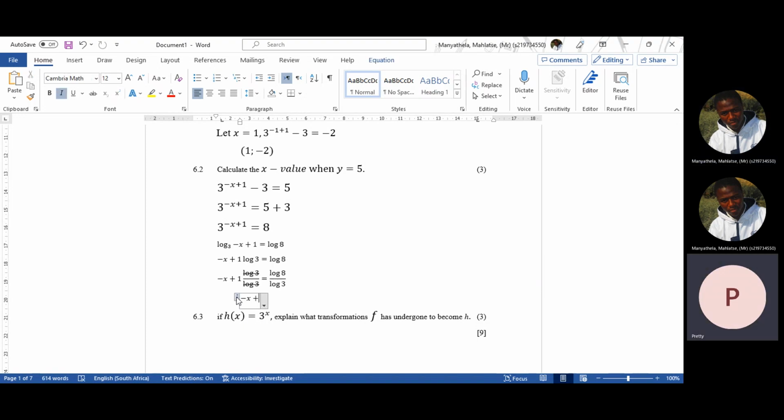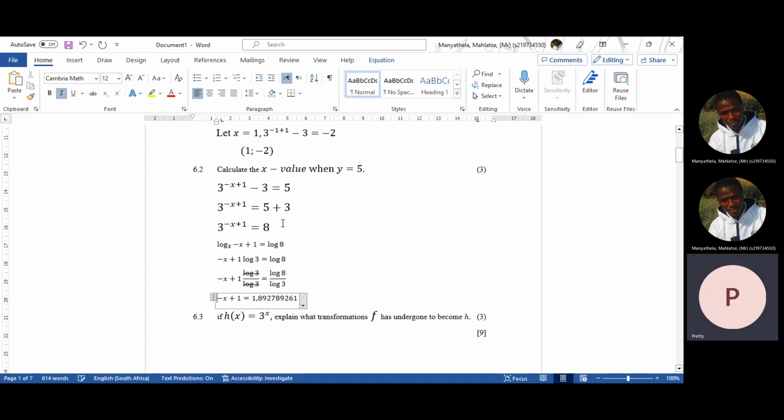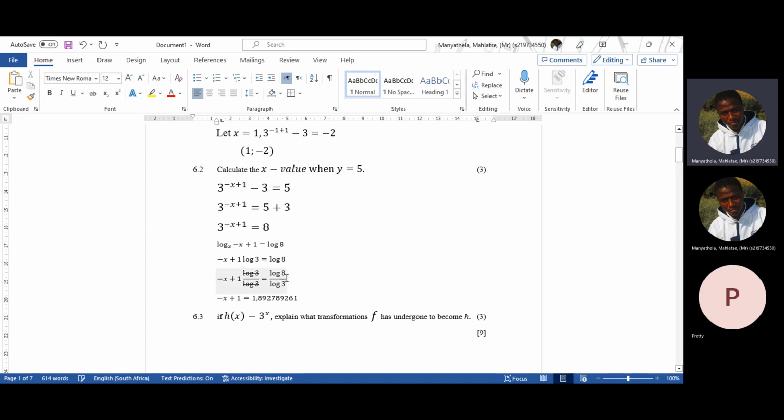It says 1.2244612223. Did you do log 8 over log 1? No, I did log 8 over log 3. Like this one? Yes. Because on my side it gives me 1.8927.